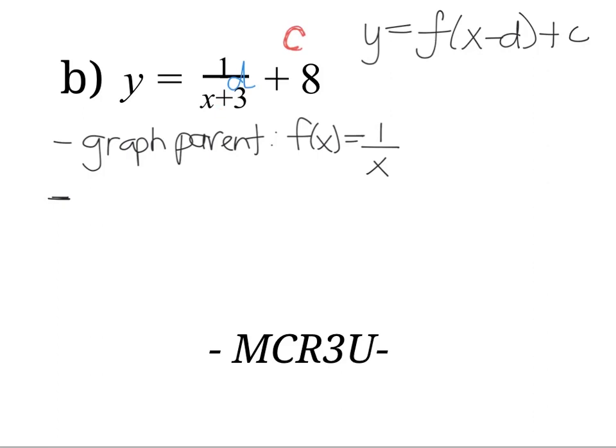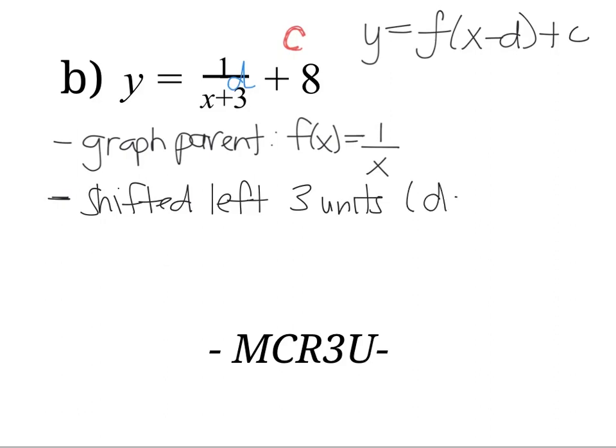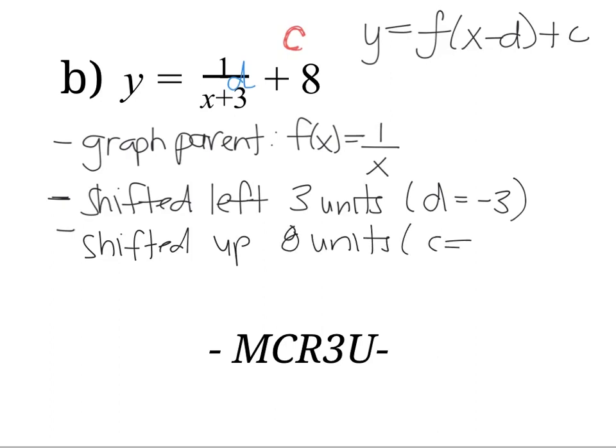So the graph is going to be shifted to the left 3 units, and our D value is equal to -3. And if we take a look at the rules for C, our C value is +8, which means it's going to be shifted up 8 units because our C value is +8.